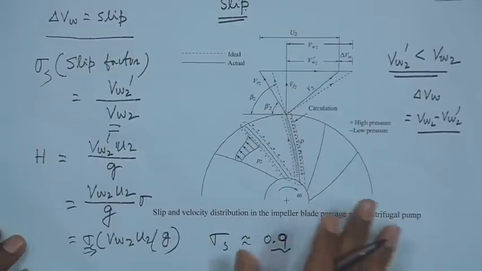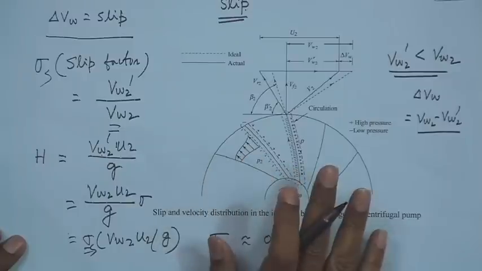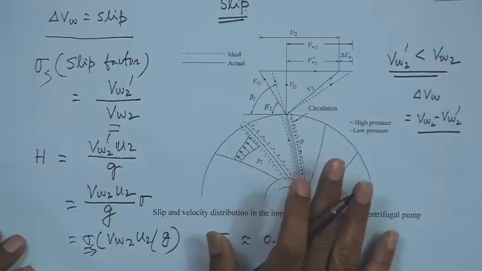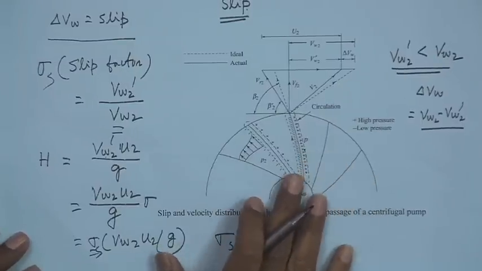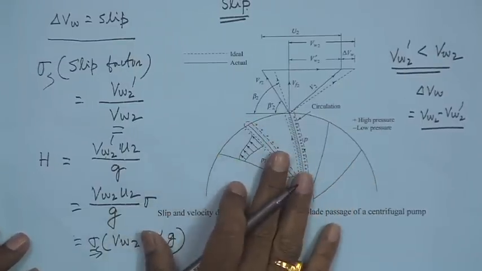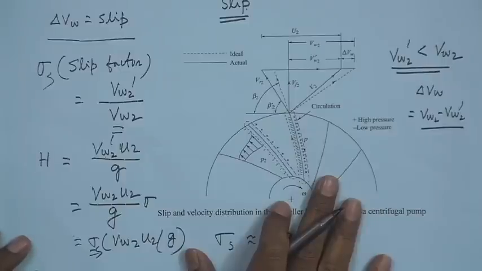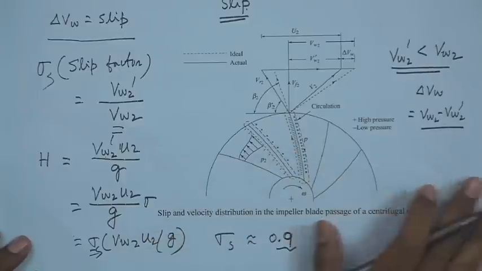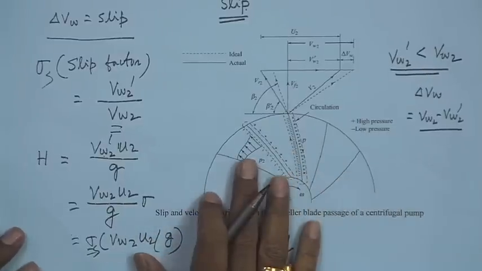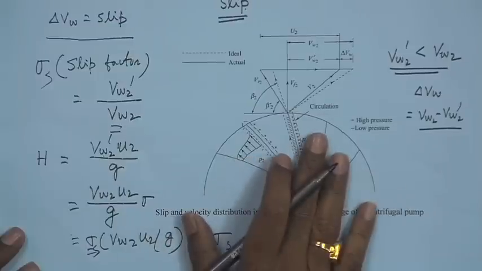So, therefore, this is the phenomenon of slip, and this is an independent effect from that of the viscosity. So, this has nothing to do directly with the viscous effect in the fluid.